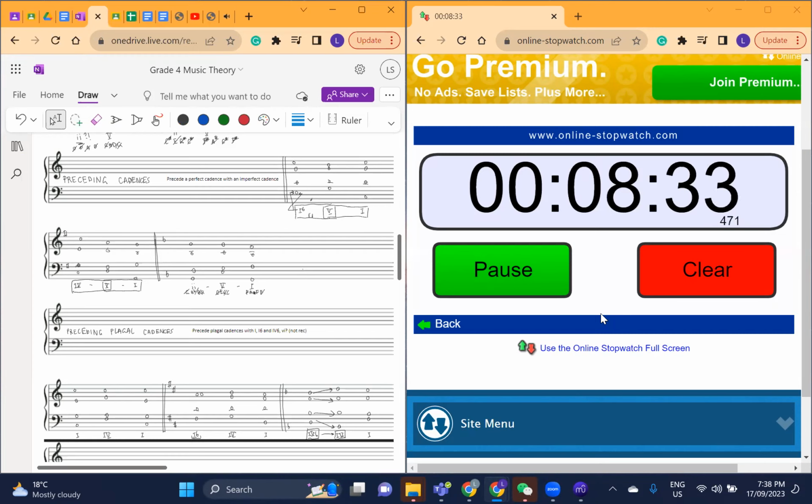The perfect cadence, can the first one be the same? Perfect cadences. And that's a perfect cadence. Yeah. Okay, so what's the difference with the plagal? So perfect is five, one. Plagal is four, one.